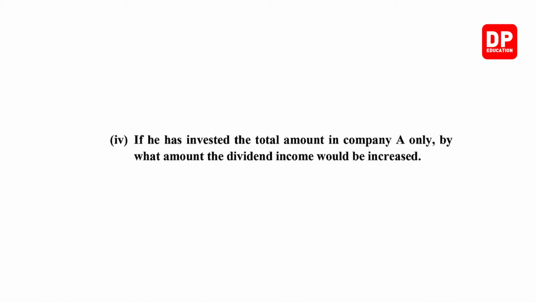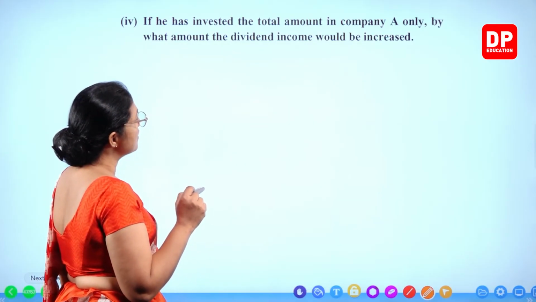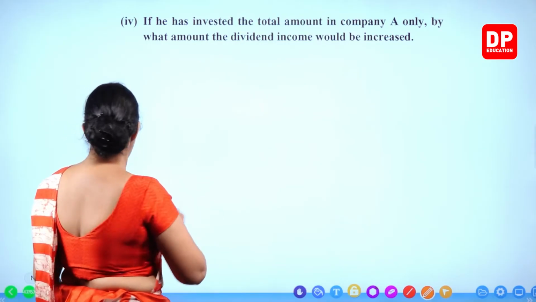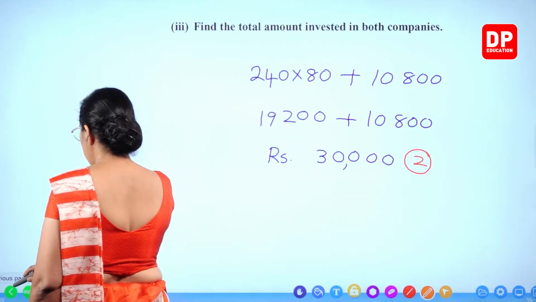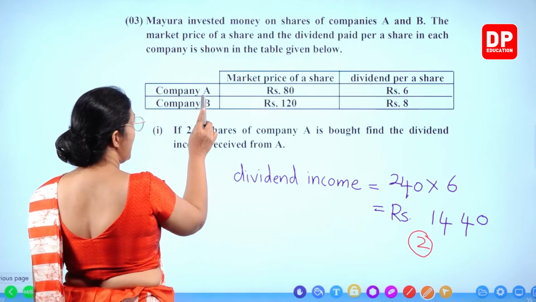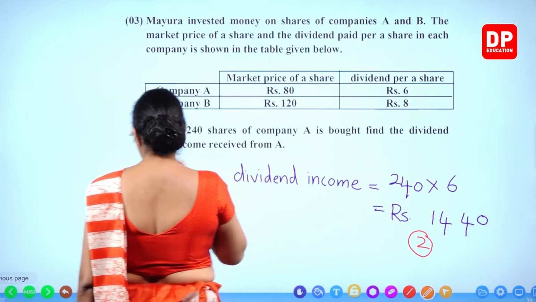Then part 4, if he has invested the total amount in company A only, by what amount would the dividend income be increased? So, the total amount we found is 30,000 rupees. And if he invested only in company A, you get 6 rupees per share.